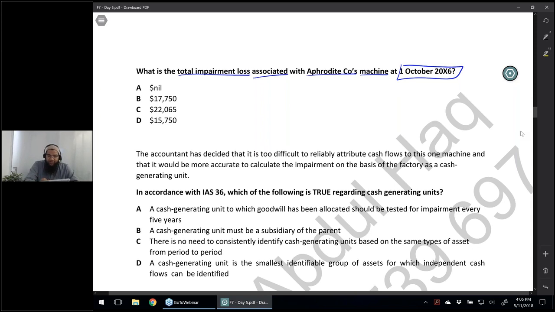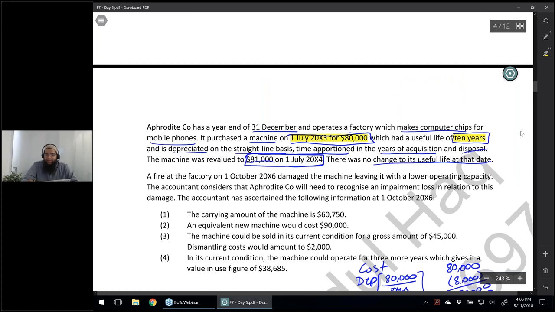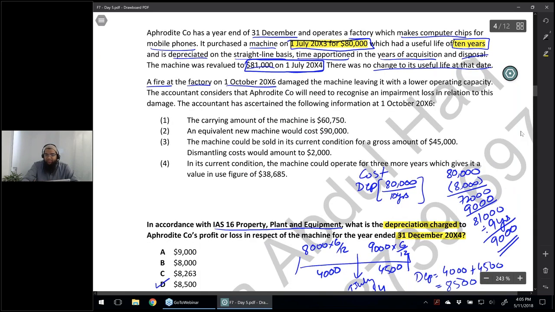A fire at the factory on 1st October 2026 damaged the machine, leaving it with a lower operating capacity. The accountant considers a company will need to recognize an impairment loss in relation to this damage. The accountant has ascertained the following information at 1st October 2026.